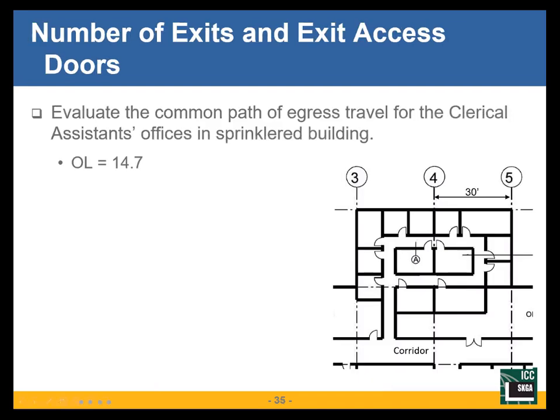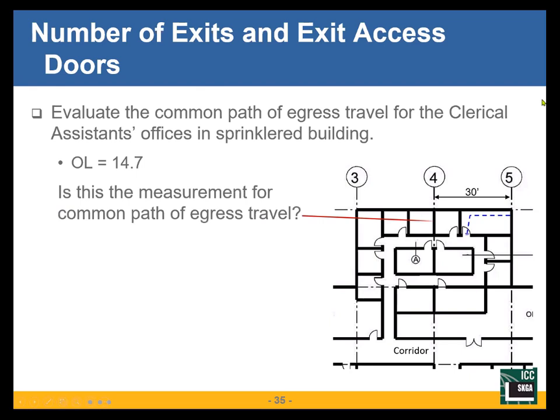Here's a floor plan. I've got some clerical offices in a sprinklered building. I've figured the occupant load, I've got 14.7. You know what, that's really 15. So then the question is, I'm below the 49.